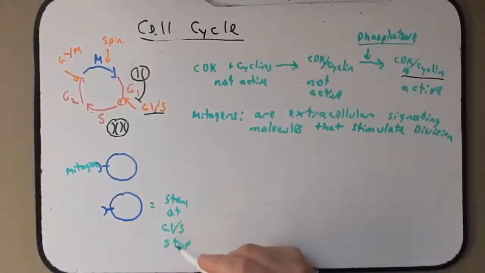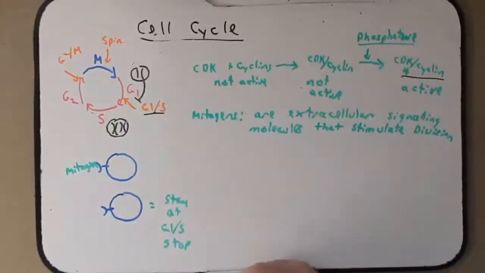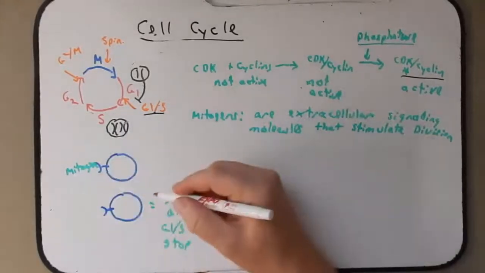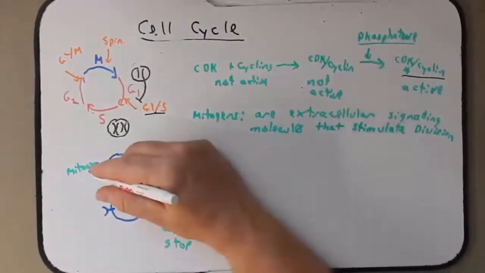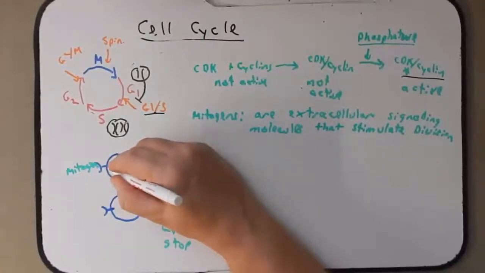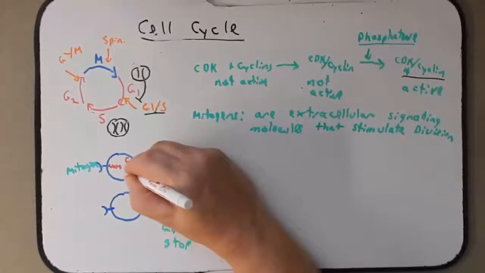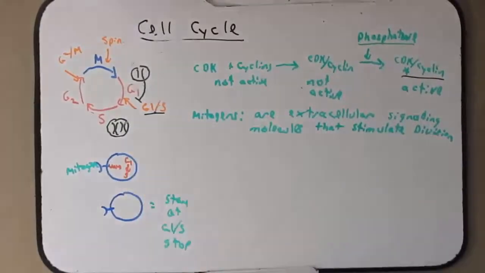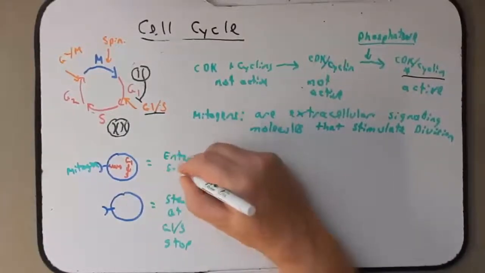It could stay there for a few minutes, a few hours, a few days, forever. If it stays forever, it will enter into that G0 stage. However, if the mitogen is present, the cell is receiving a signal from neighboring cells that it needs to divide. And so when the mitogen binds here, we'll have an intracellular signaling pathway that will take the G1 cell into an S phase. So mitogen binds and it will enter S phase.